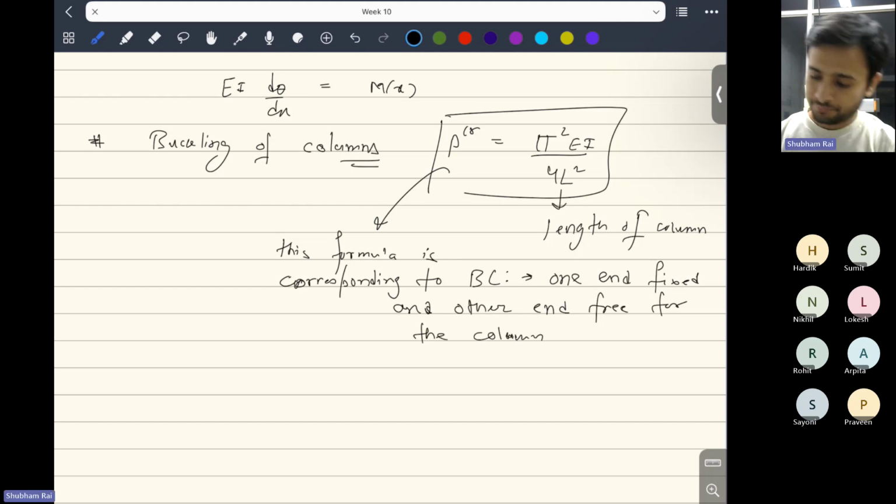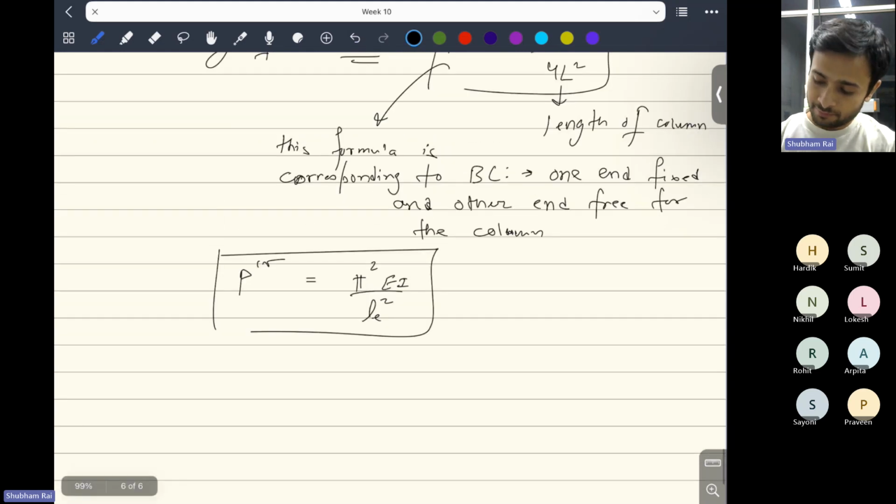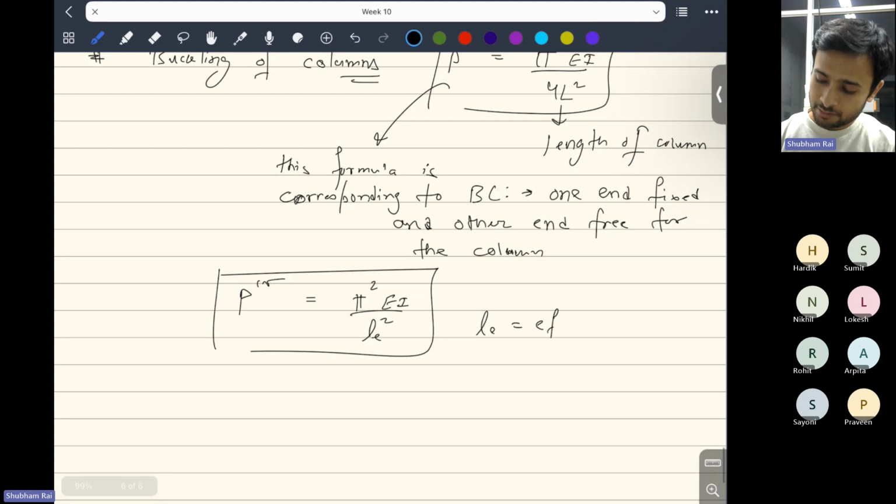So actually, the generalized formula is this one: pi square EI over LE square. LE is the effective length. So here, this is not the length, but it is the effective length that is calculated based on different boundary conditions.